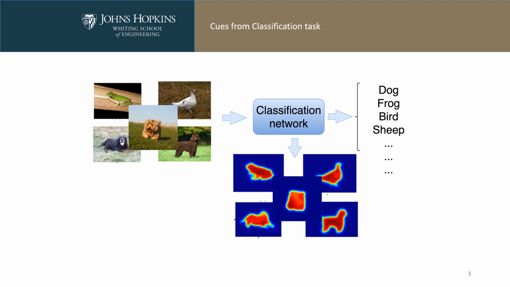To address these hurdles, we introduce a surrogate classification task to our 3SD method and generate cues from this self-supervised classification network, and use these cues to generate pseudo labels to train our saliency object detection network.